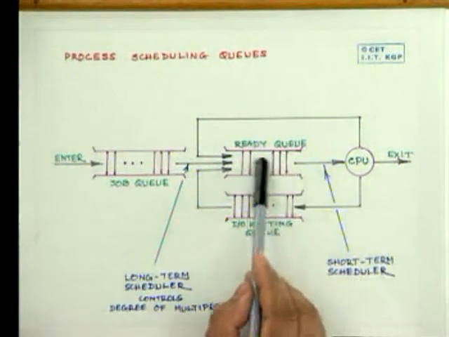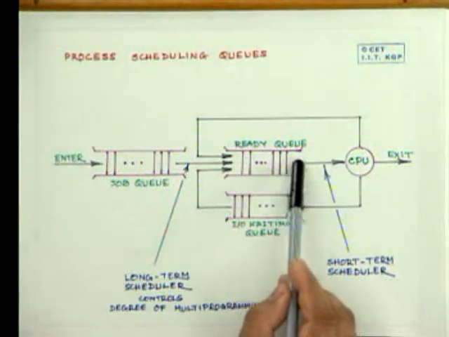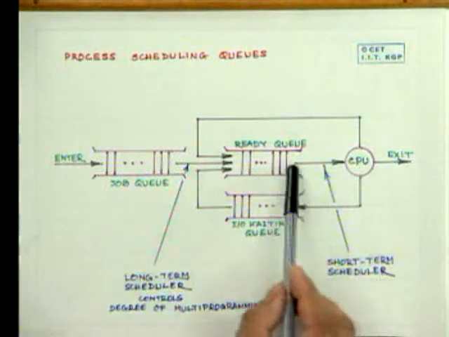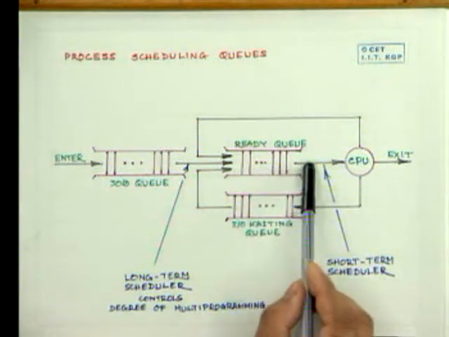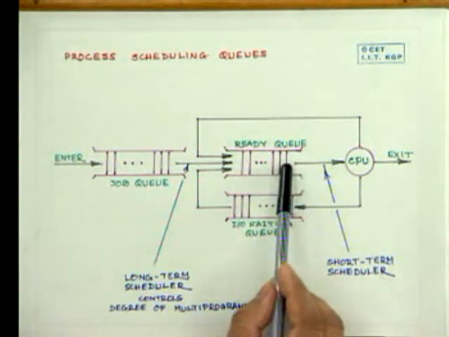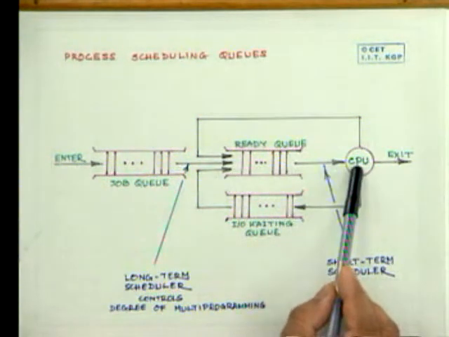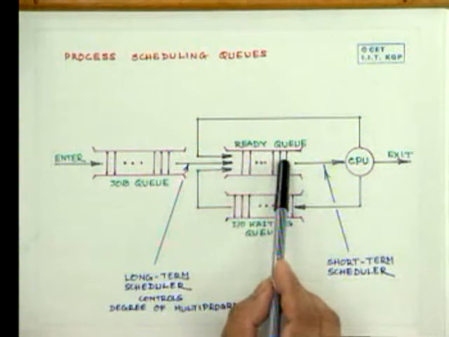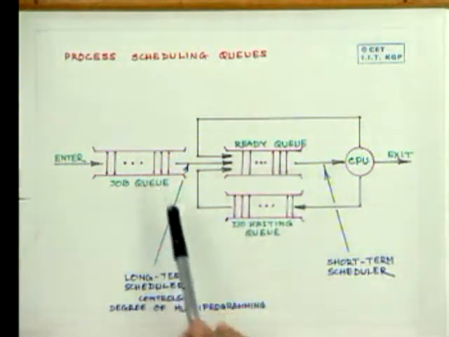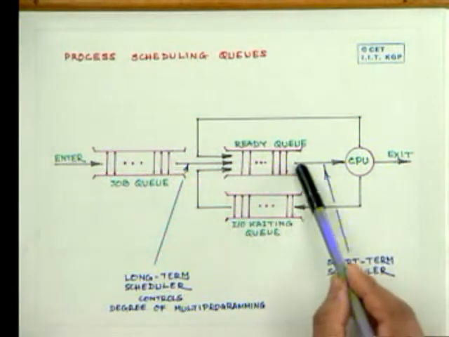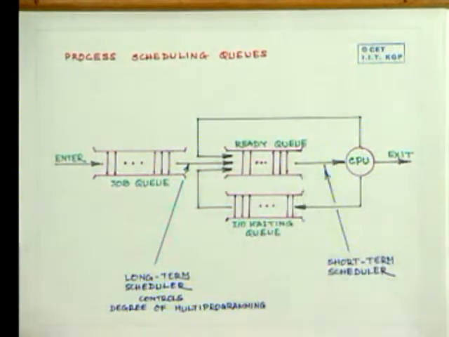That means one of these processes in the ready queue has to be taken and put to the CPU. When we say a queue, naturally the concept is that we take the first one from it and put it to the CPU. But how do we maintain the queue? This ordering is important. Once more, this is the scheduling that we are talking of.